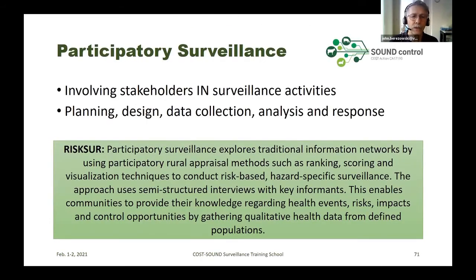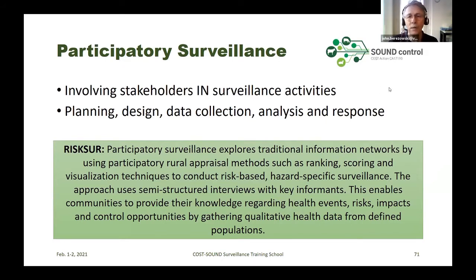Participatory surveillance is surveillance involving stakeholders directly in surveillance activities. And this can be any place along the surveillance continuum, from designing the surveillance system, identifying the important hazards, conducting case finding and case counting, communicating the results, and then they can also be involved in the responses, designing the responses and implementing the responses.